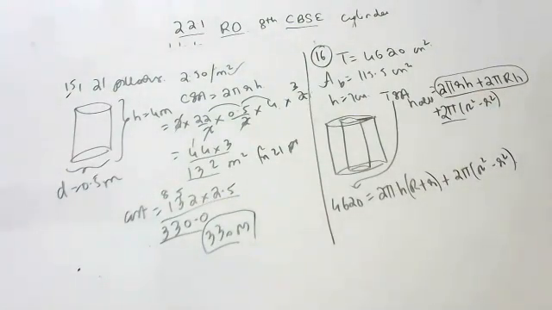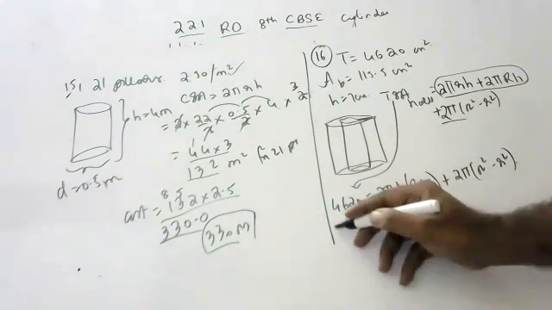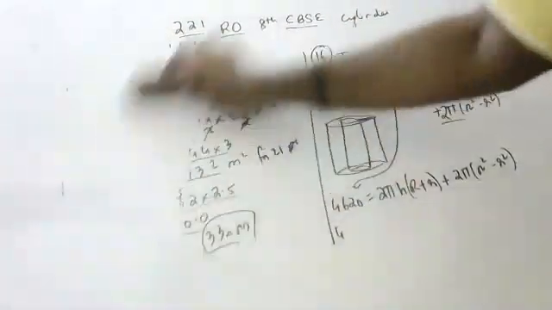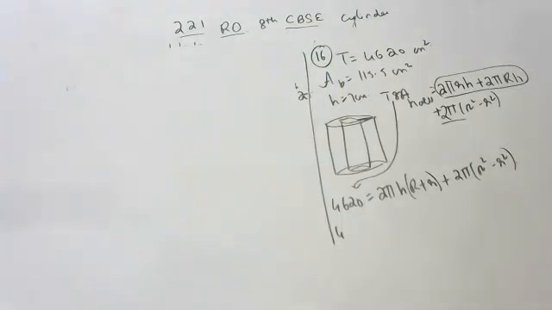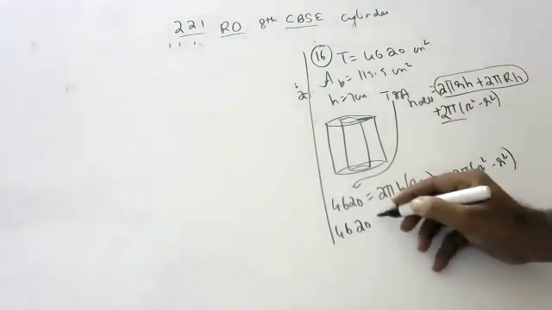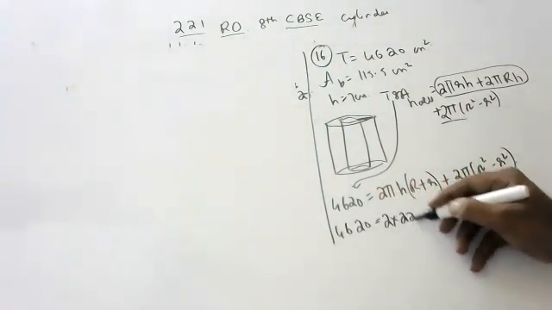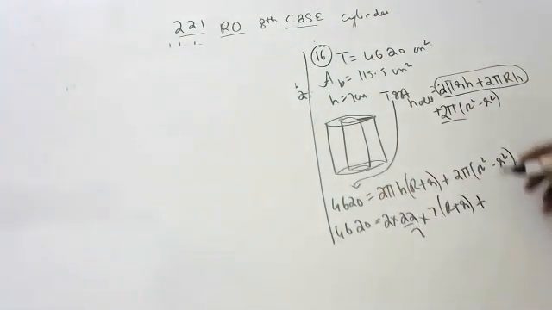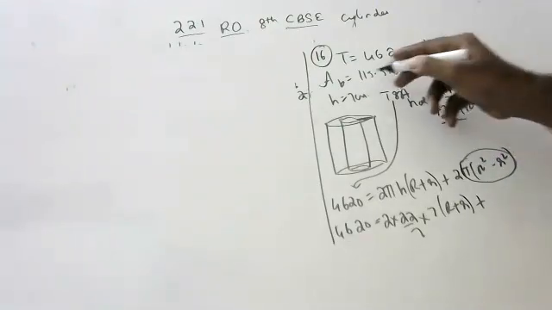You should be careful now. Listen, children, carefully, everyone. He said the area of the base ring is 115.5. So 4620 is equal to 2 into 22 by 7 into 7 into R plus r, plus this one ring is 115.5.